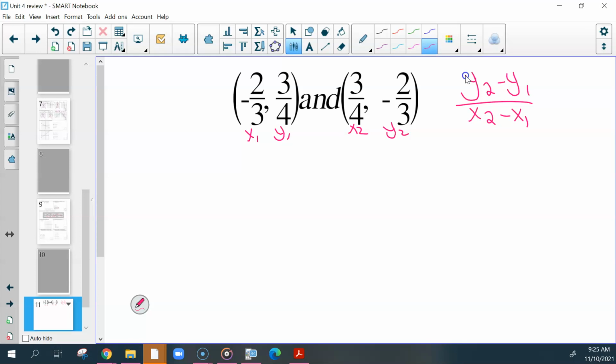So setting this up, I would have -2/3 minus 3/4 all over 3/4 minus a -2/3. Or if you change that to a plus in the denominator, that would also be fine.